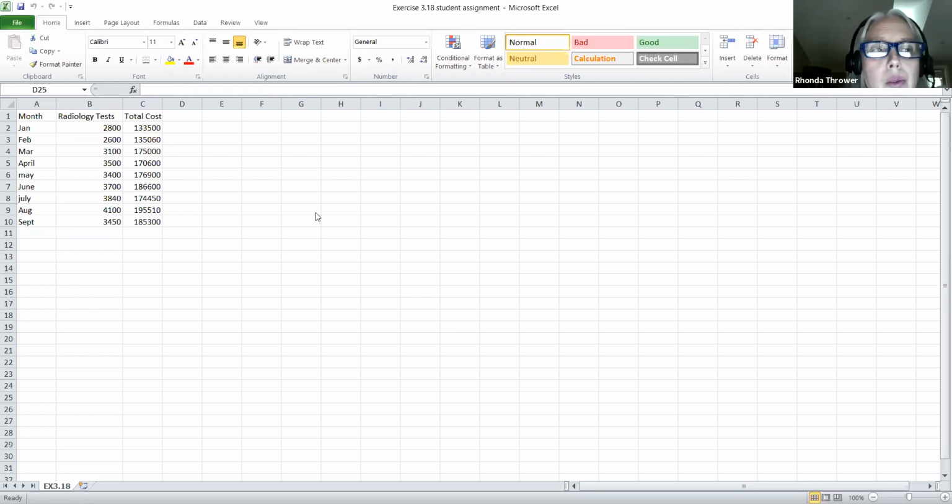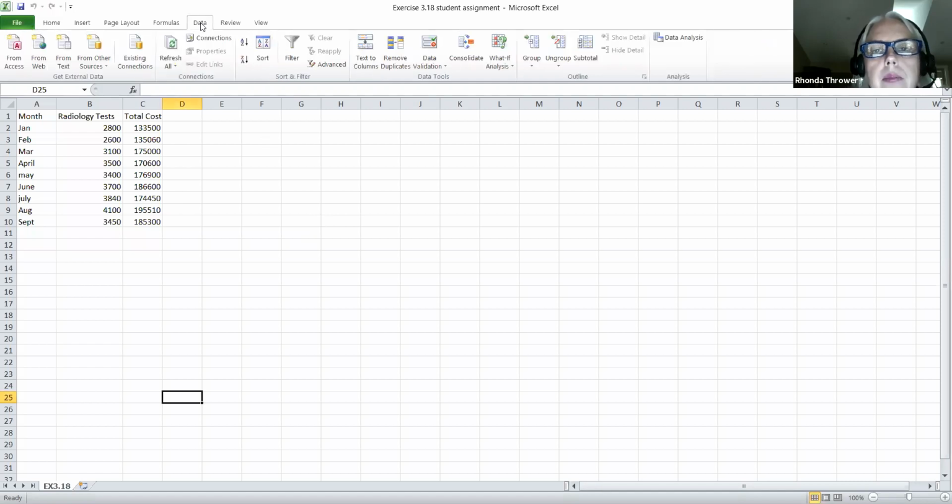I have an older version of Excel, but what you would do is look at the Data tab and then find Data Analysis. On your computer, it might be a little bit different depending on the version of Excel that you have.